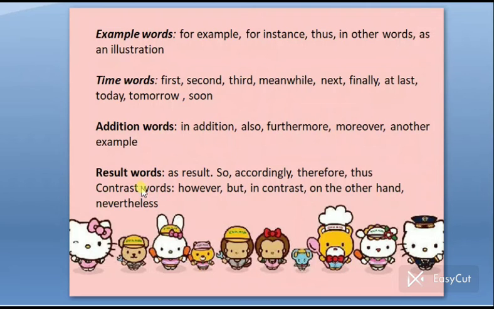Next, the result words: as a result, so, accordingly, therefore, thus. Then contrast words: however, but, in contrast, on the other hand, nevertheless. Result words are usually found in cause and effect, for showing the relationship.